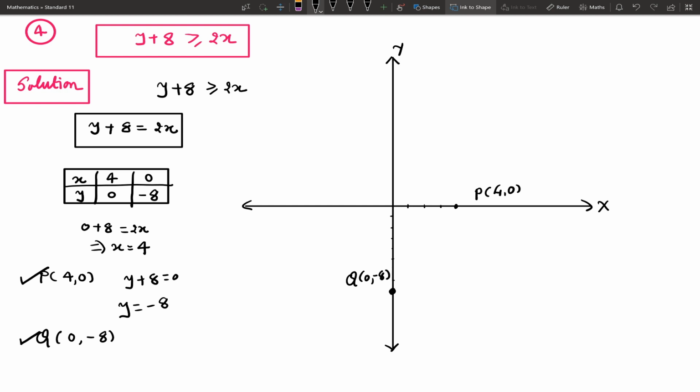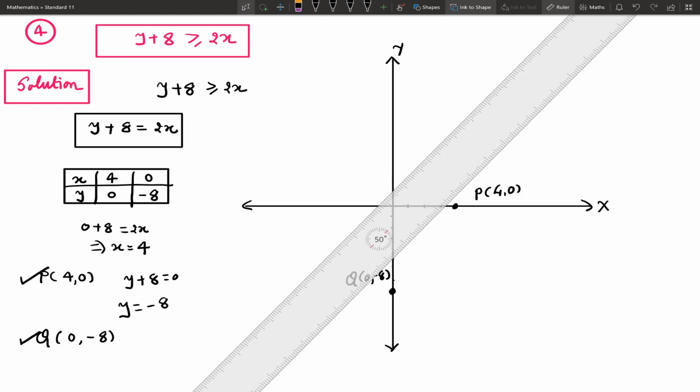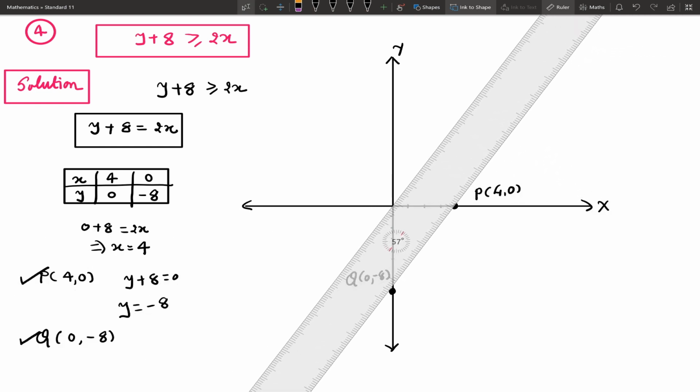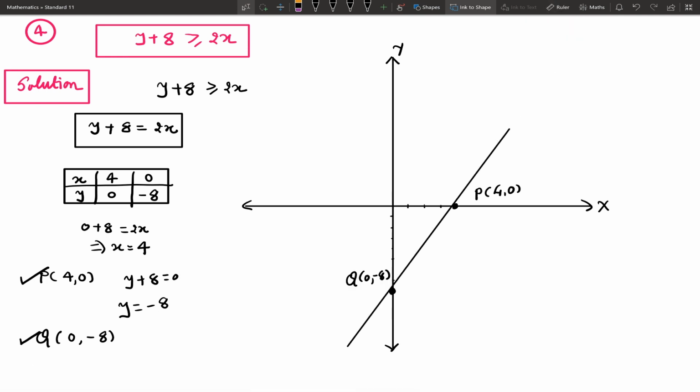This is the point Q 0 comma -8. Now let us join these two points. So this is the line y plus 8 equal to 2x.